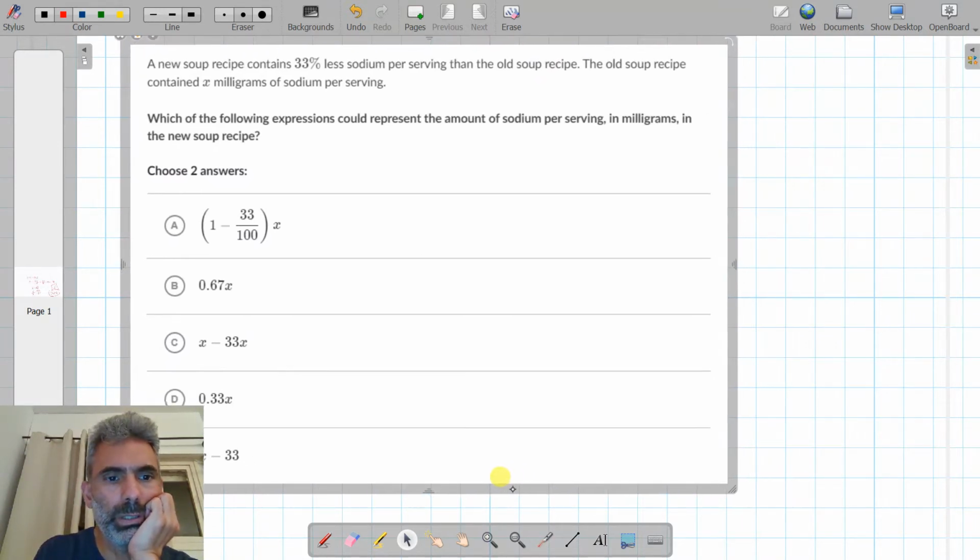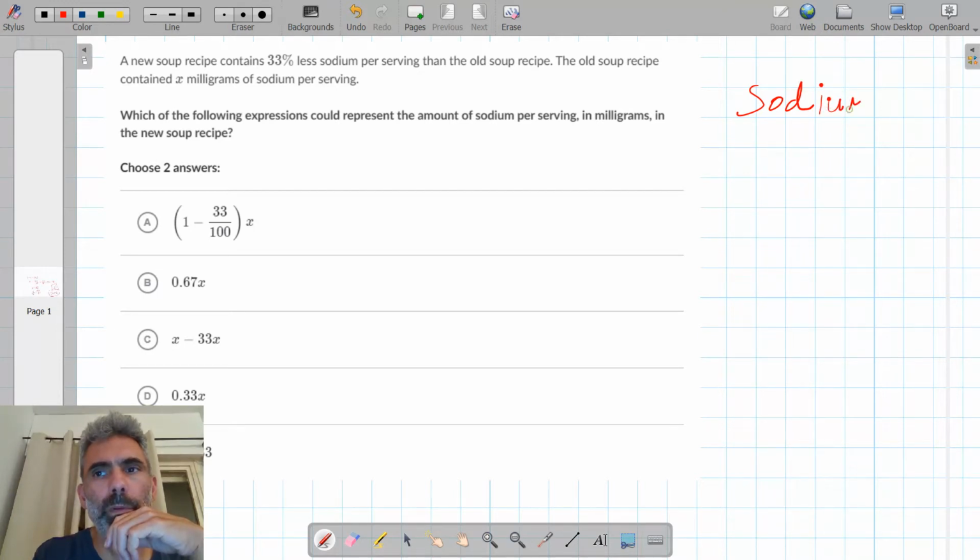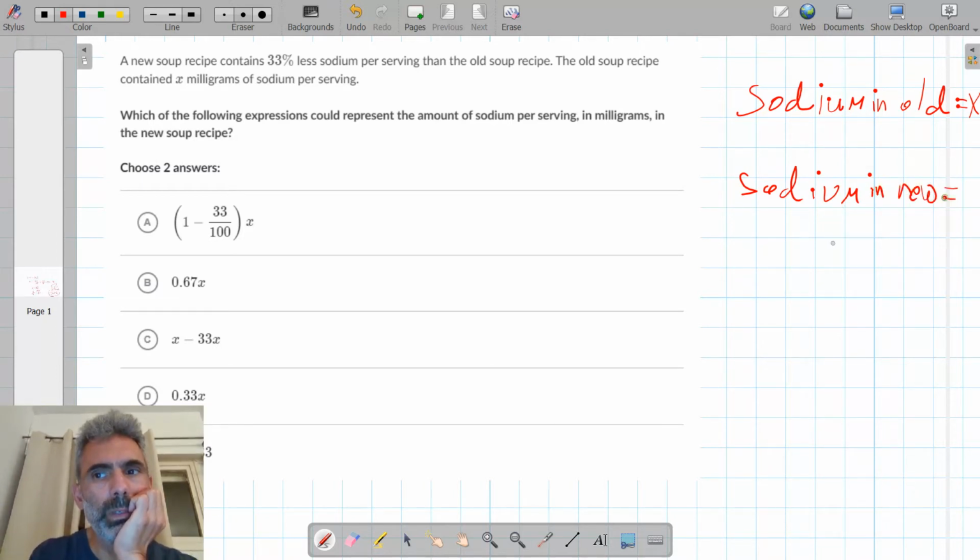So let's try and translate this. Okay, so sodium in old is X, and sodium in new recipe is X plus 0.33 of X, which is 33%.